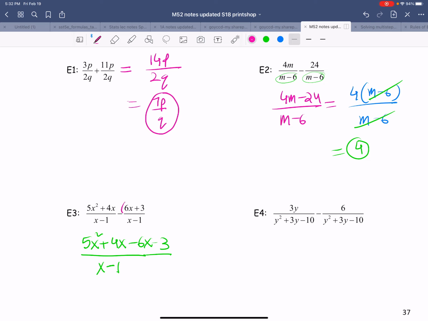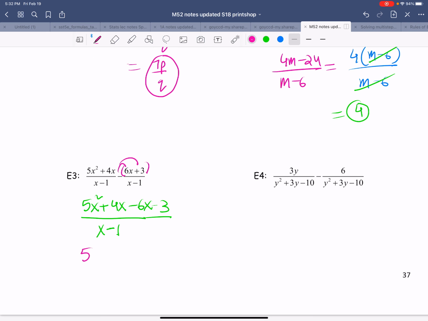Okay, keep in mind this negative sign is going to impact everything that comes after. It's going to get distributed into the entire binomial, and it would turn both 6x and 3 into opposites. Okay, so let's combine the like terms. 5x squared, 4x minus 6x is negative 2x, minus 3, over x minus 1.